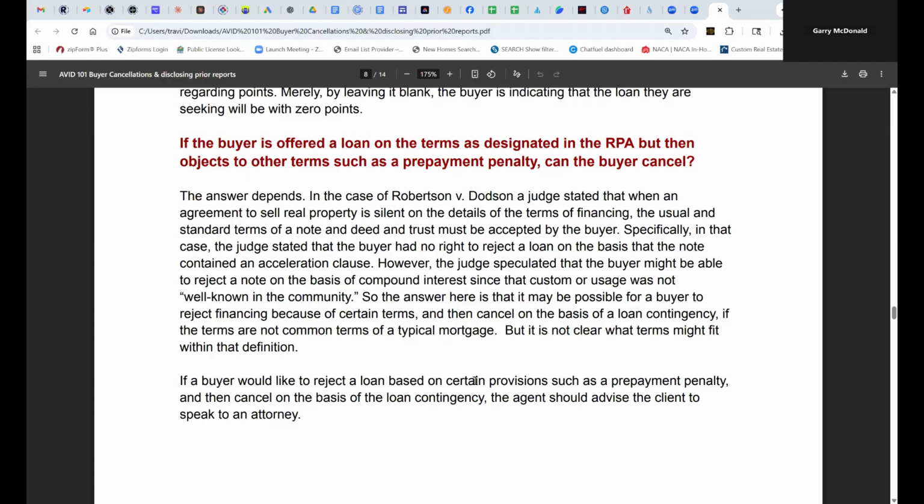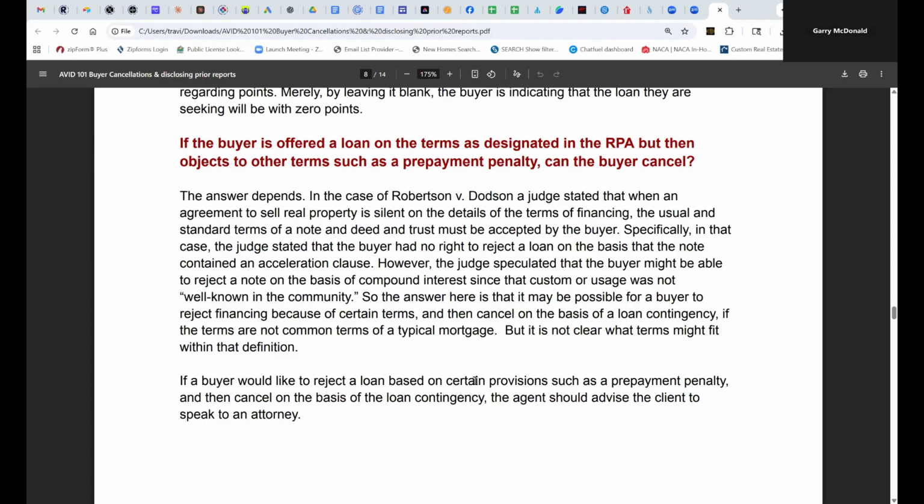If the buyer is offered a loan on the terms as designated in the RPA, but then objects to other terms such as prepayment penalty, can the buyer cancel? The answer depends. In the case of Robertson versus Dodson, a judge stated that when an agreement to sell real property is silent on the details of the terms of financing, the usual and standard terms of a note and deed of trust must be accepted by the buyer.